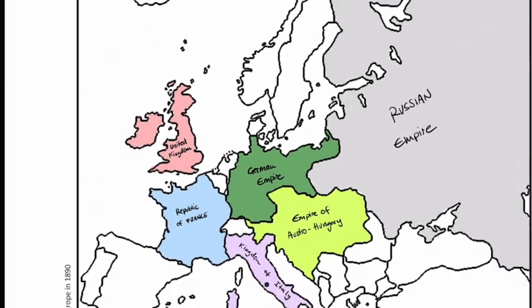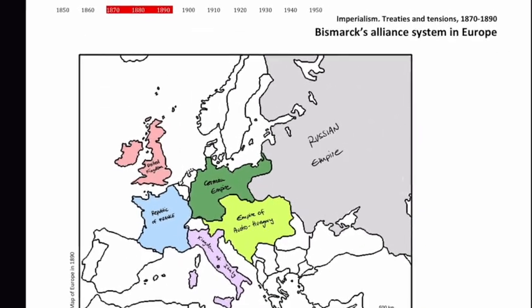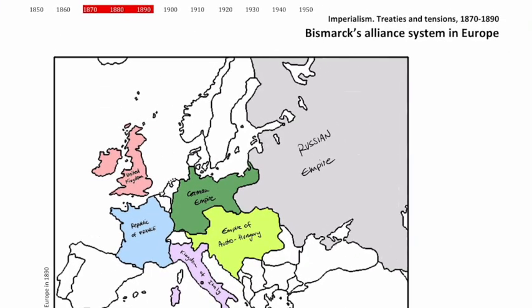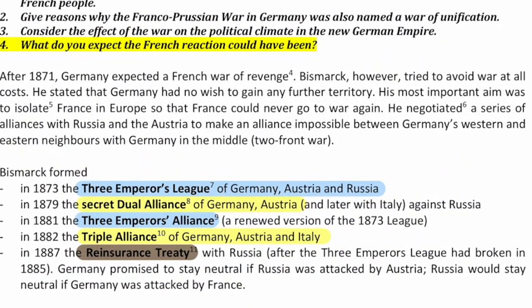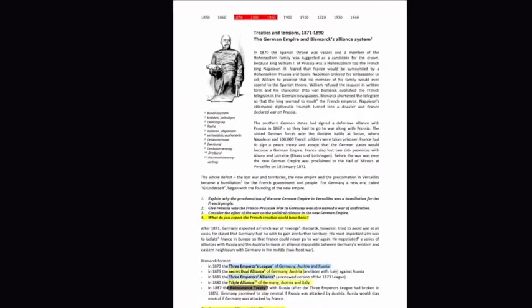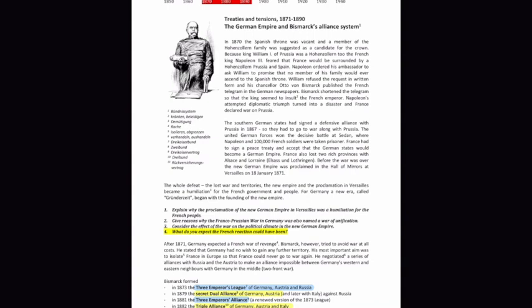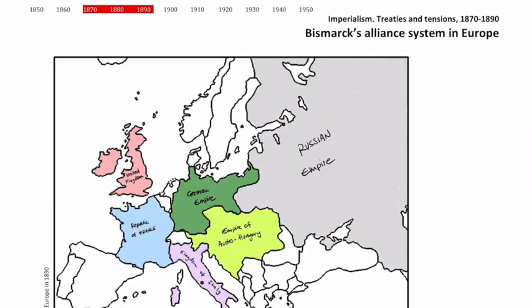In the first years after the French defeat, or after the German victory, he tried to form alliances with Austria and Russia. And those alliances were renewed in the next years again. So the first was a triangle between the Russian Empire, the German Empire, and the Empire of Austro-Hungary.